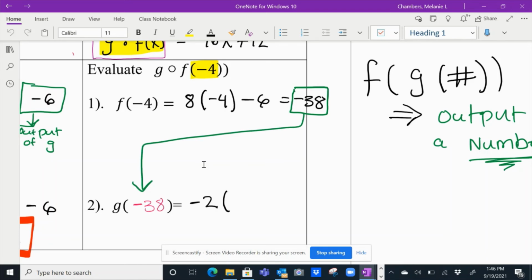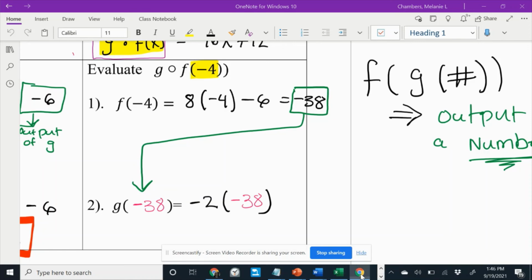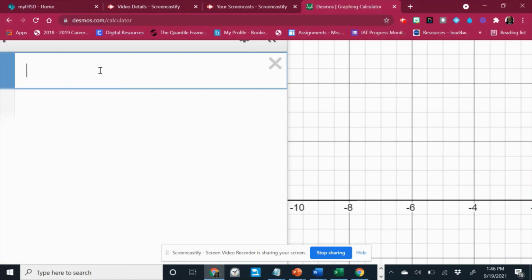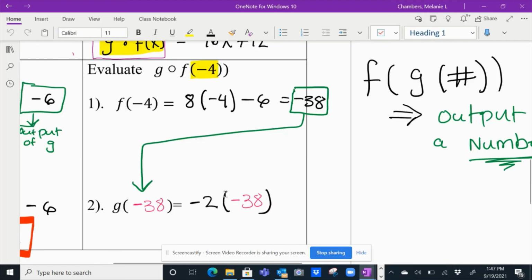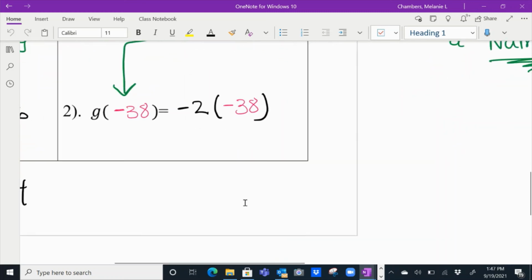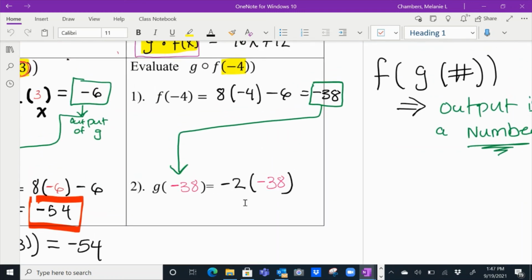So now I'm going to substitute negative 38 in for x, and using my Desmos calculator that gives me, let's see, positive 76.